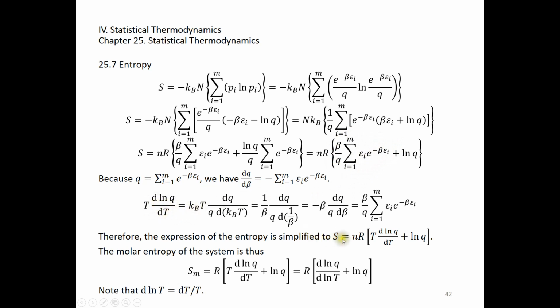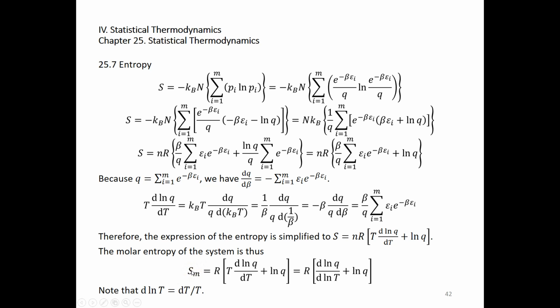So Boltzmann entropy is nR times T times d ln q over dT plus ln q. The molar entropy of the system is R times T d ln q over dT plus ln q. We can even further simplify this. If you know d ln T is dT over T, we'll get an even simpler expression for the molar entropy.